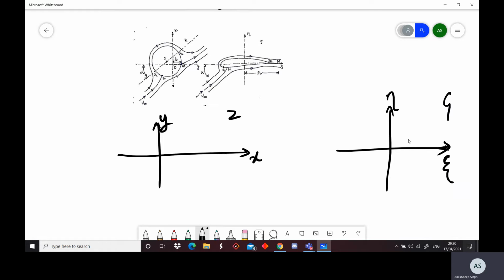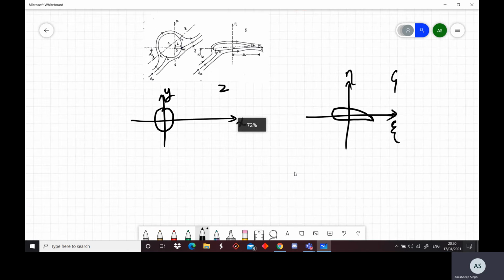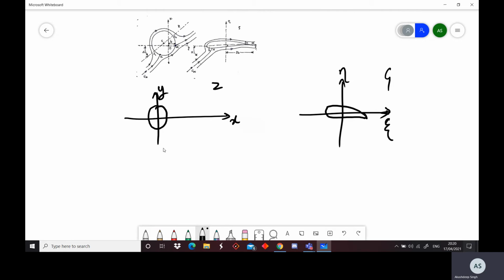If you have a geometrical figure, a unit circle, it will translate into some other geometrical figure. I'm drawing this like an airfoil because it will be doing the same thing. But let's say it is some random geometrical figure, and there is a connection between them: zeta is equal to z plus b square by z, where z is equal to x plus iy.